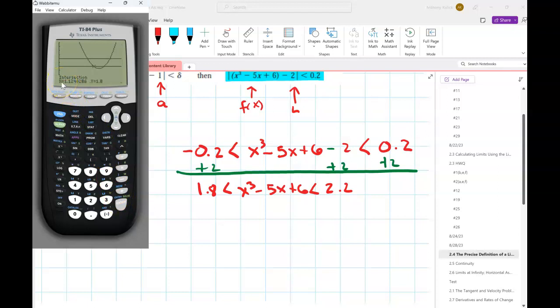So I have 1.12 for one of them, and then 0.91 for the other.